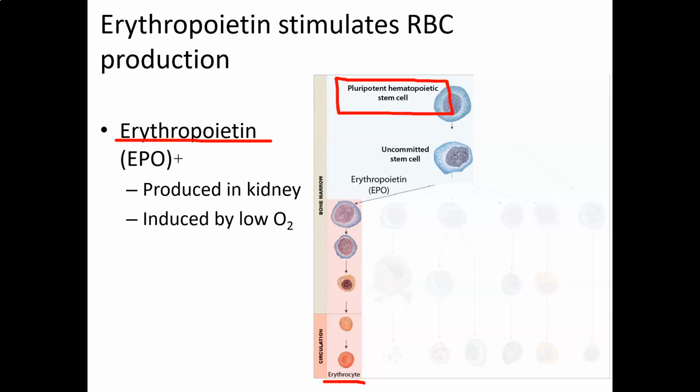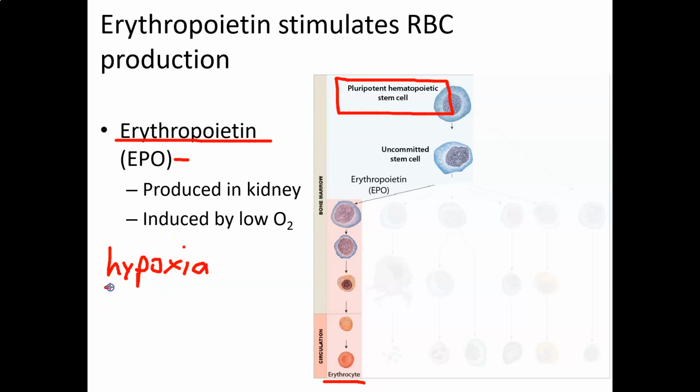Oftentimes in medical circles, as well as athletes who sometimes use erythropoietin to cheat, they call it EPO. It's produced in the kidney, and its production is induced by low oxygen, or what we call hypoxia. Hypoxia is the way you pronounce it, but hypo, low, and then oxia, oxygen.